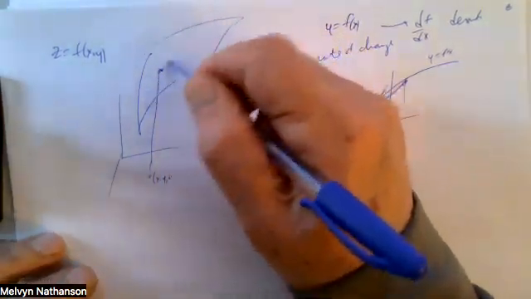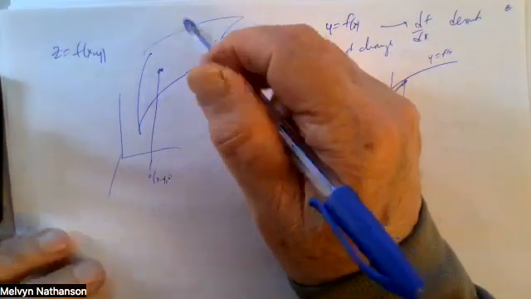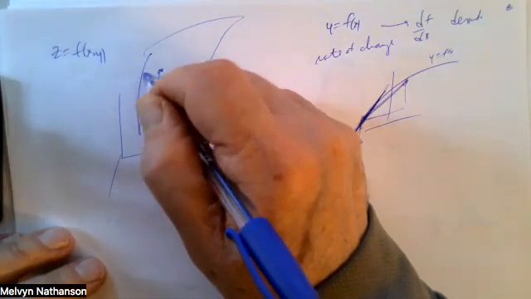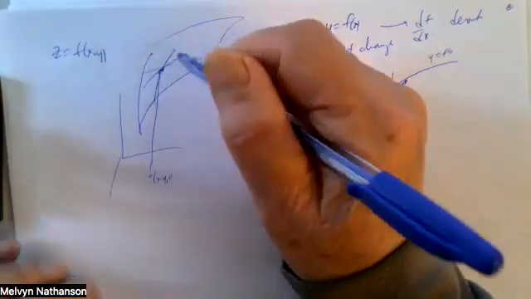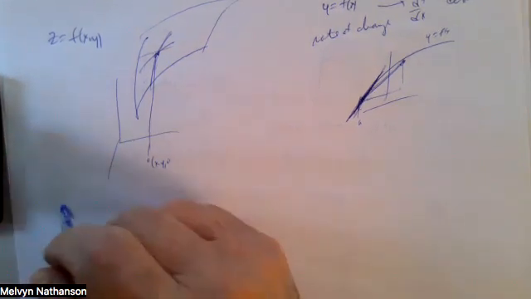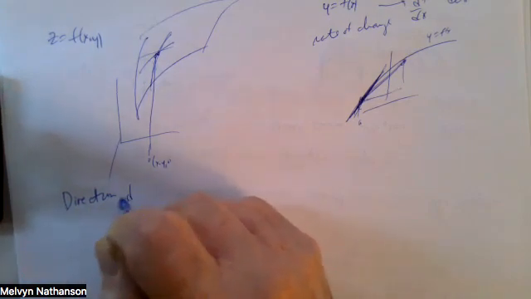How rapidly are things changing here? And the answer is it depends on what direction you go in, because it might be changing at one speed if you go in this way along the curve, or at a different speed if you go in a different direction. So for functions of 2 or 3 variables, we need what are called the directional derivatives.